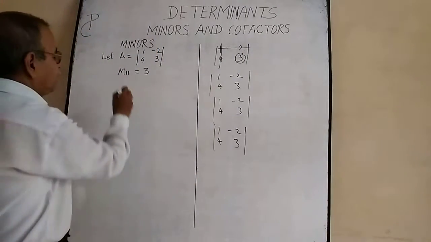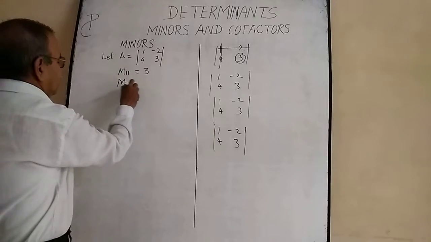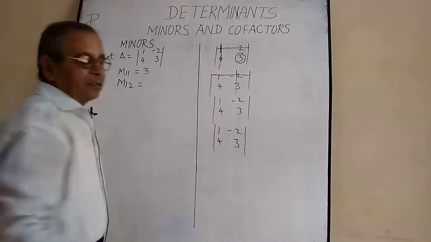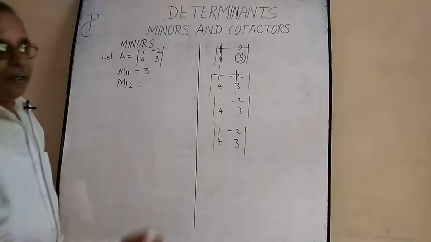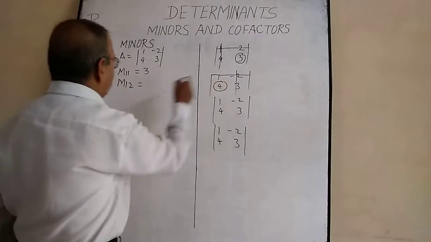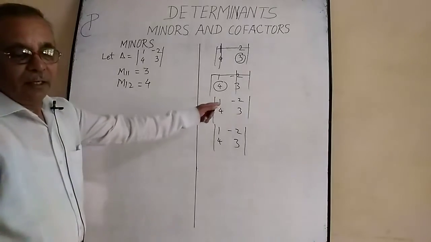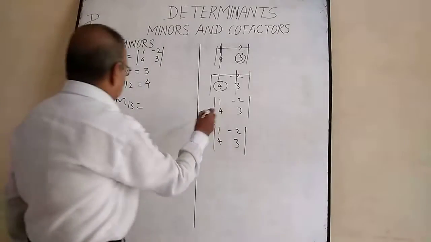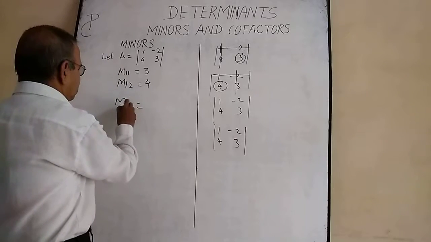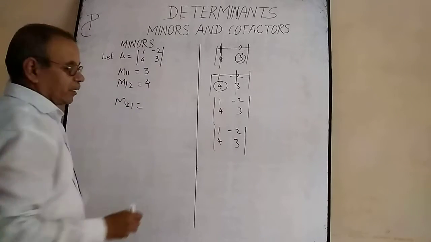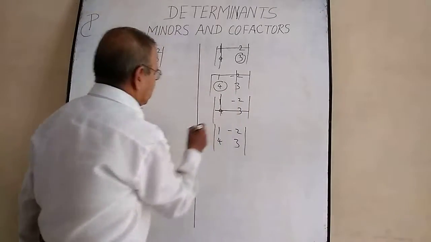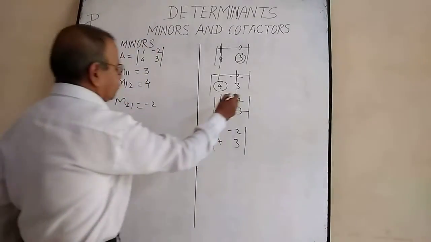The second one is M12. In M12, I take the first row and second column out, and the remaining element is 4. Similarly, M21, because that's 2 into 2, is represented like this, it's -2.